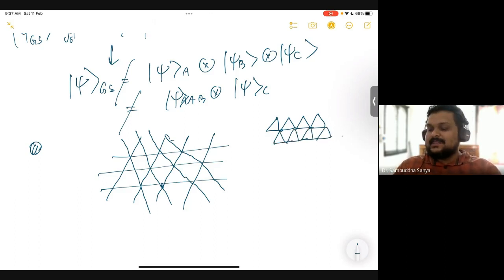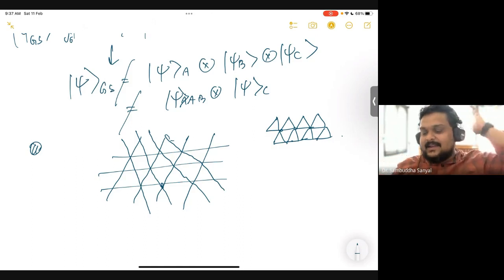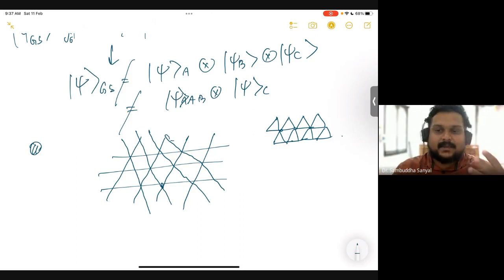There are systems like this which are like 10 to the power 23 atoms. This is the macroscopic amount of matter, 1 mole of matter, right? It is arranged like this and forming some crystal. So that means if it becomes magnetic, so they are insulating magnet, as I told you earlier.